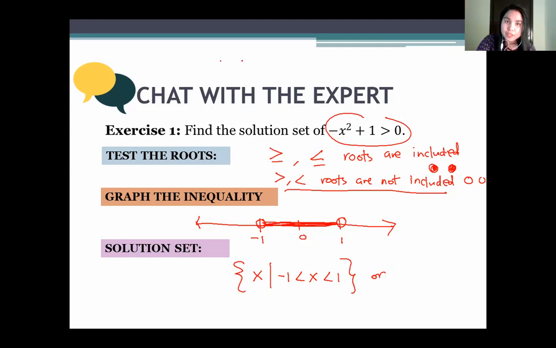If it's open, we use parentheses. If it's shaded, we use brackets. Now, we write it this way, from -1, comma, to +1. That is the answer. Do we have any questions before we go to the second inequality?